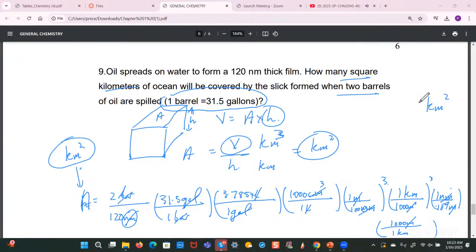Oh, this can't be right. I did something wrong. I think I made a mistake inputting the numbers in my calculator. Let me try this again.